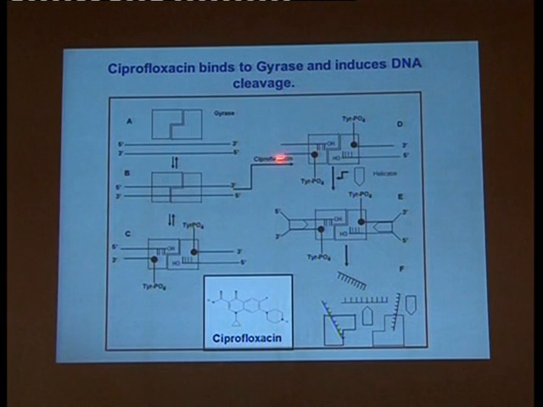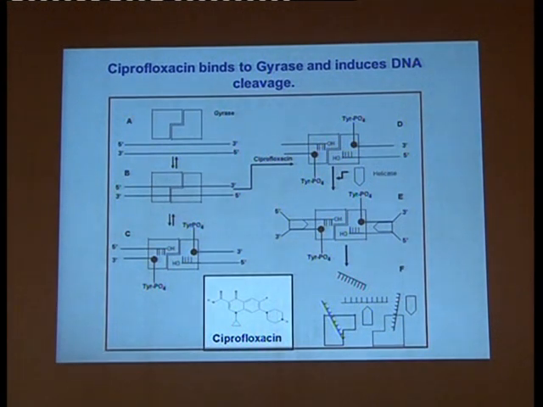But then when ciprofloxacin comes, it makes a trimeric complex of DNA, enzyme, and ciprofloxacin. Normally, in the absence of ciprofloxacin, the cleavage will take place, then religation will take place. But when this trimeric complex is formed, it is found in the cut state, and it is stable, and it cannot religate. So this is the known mechanism of ciprofloxacin.